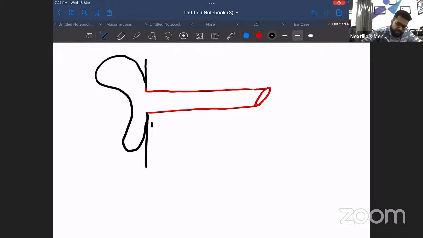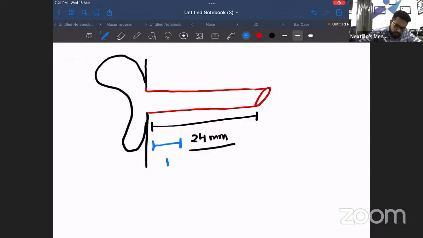Now this external auditory canal is 24 millimeters in length, and is divided as outer one third and inner two thirds. So simple maths, one third of 24, 8 millimeters, and two thirds of 24, 16 millimeters.